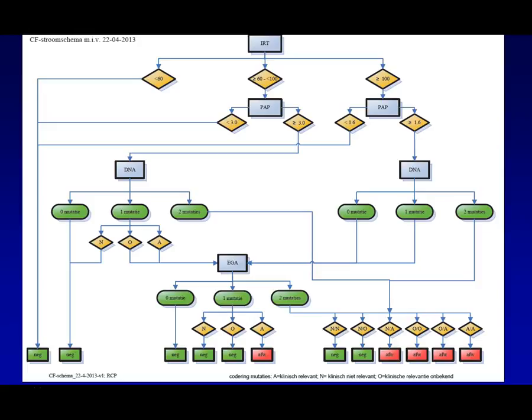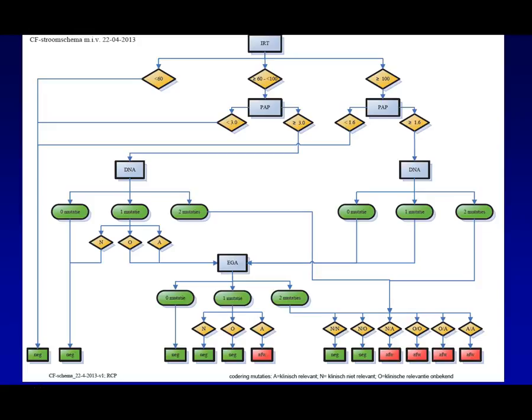When it's elevated, the PAP is measured, and when this is elevated as well, there's another decision tree based on the outcomes of both the IRT and the PAP. And when this results in a positive outcome of CF risk, DNA analysis is performed.